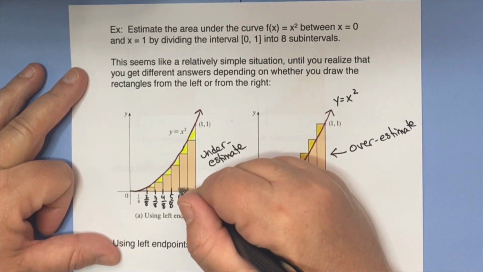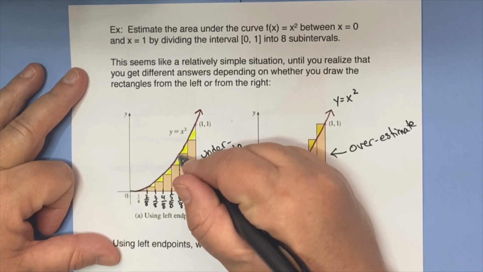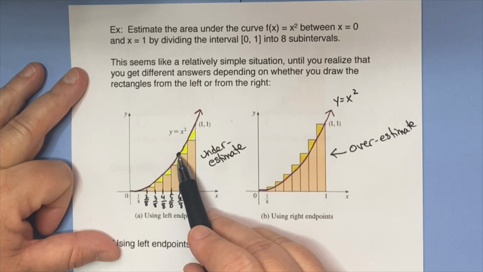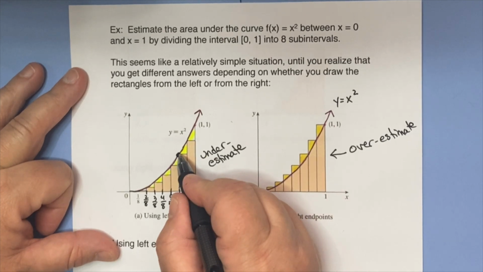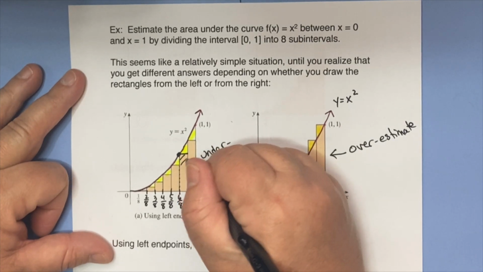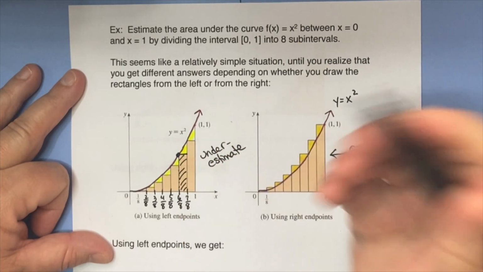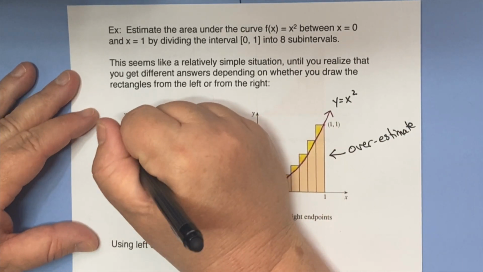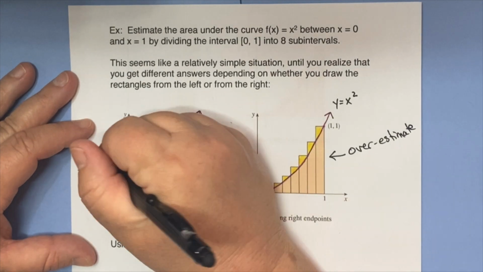So if we look at 6/8, this is what happens when we're at 6/8. So we draw the rectangle across. And so this one rectangle right here, I just picked it at random. I'm going to draw it over here so we've got a little bit of space.